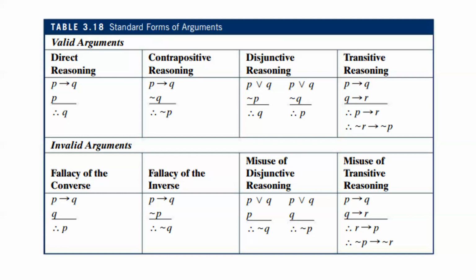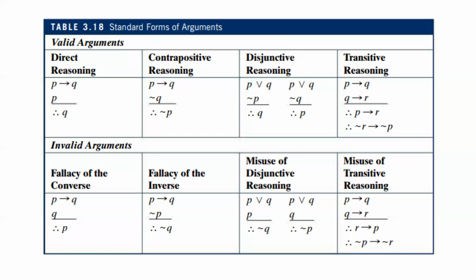And then finally, with the misuse of transitive reasoning, this is what I was getting at, that we can't go backwards. So if I say if P then Q and if Q then R, then I can conclude R, but if R then P, I can't go backwards. I can only go in that forward direction. Also, I can't negate my P and imply that that will be a negation of R.